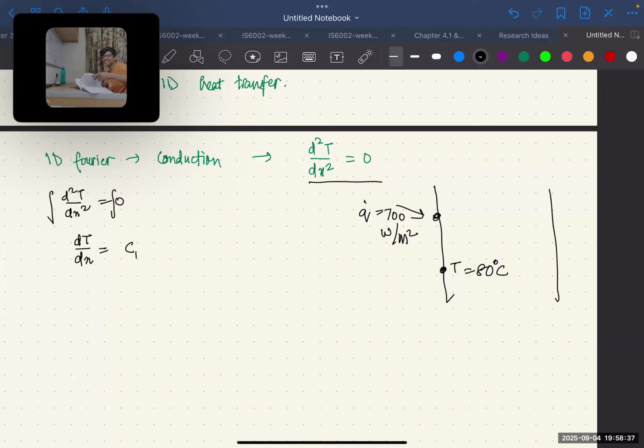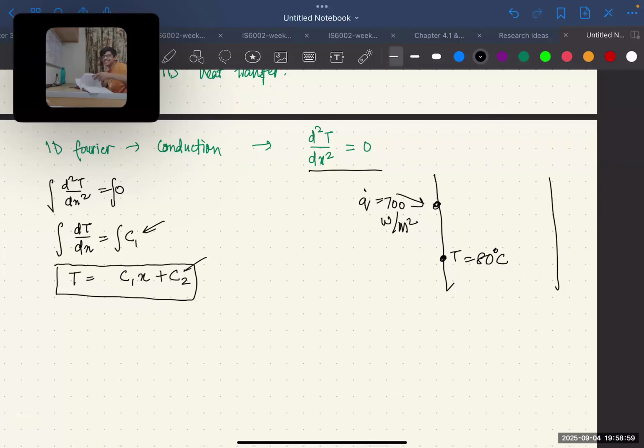Now again integrating over x, we can say T equals C1 x plus C2. I hope all this is making sense to you. This is just simple integration, and during integration we get constants every time, C1, C2. During differentiation, these constants vanish, but during integration, they come up again.